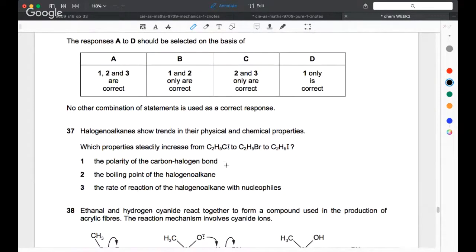37. No, because it decreases the electron density.